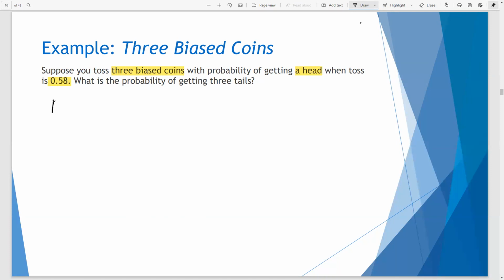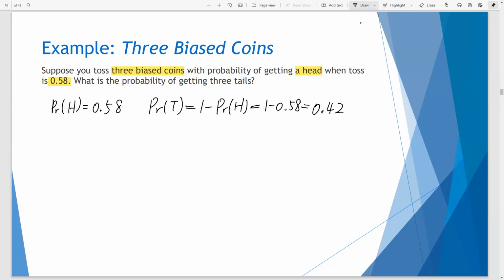First of all, we have the probability of a head is 0.58. Apparently, the probability of getting a tail on each coin is its opposite. In other words, it's the complement. That's a 42% chance that a coin lands on the tail. So what is the probability of getting three tails?